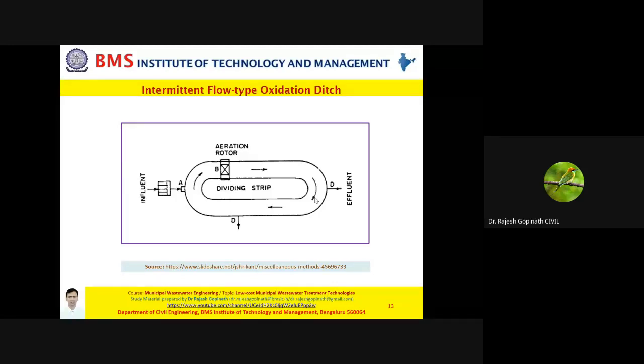So in simple words, how does this work? In an intermittent flow type, the flow in the ditch will always remain suspended, but only for a predetermined period. That is, when you are allowing the wastewater to flow continuously, only in that duration, the flow remains suspended.